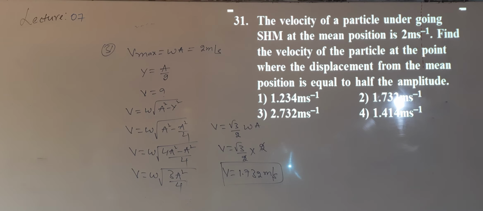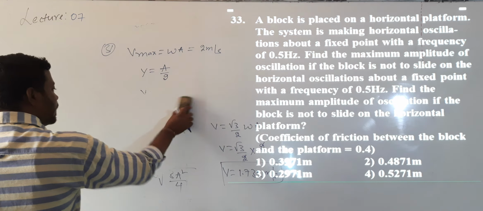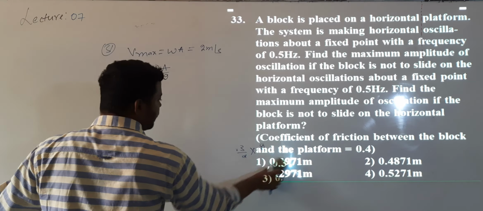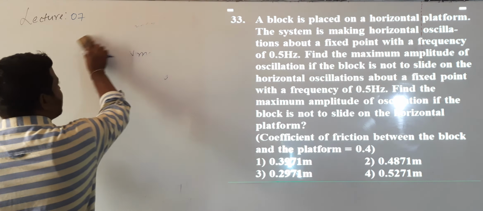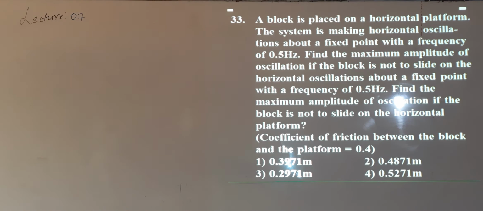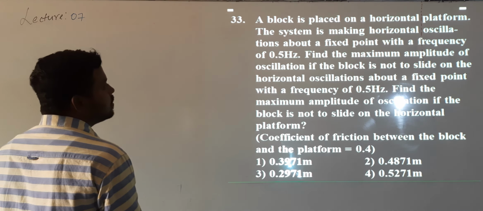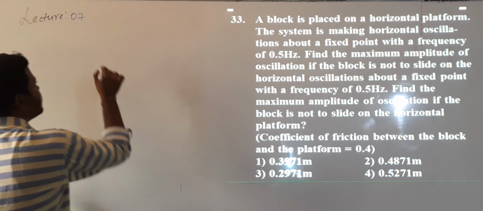So question number 33. A block is placed on a horizontal platform. The system is making horizontal oscillations about a fixed point with a frequency 0.5 Hz.